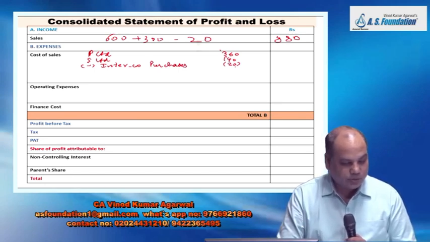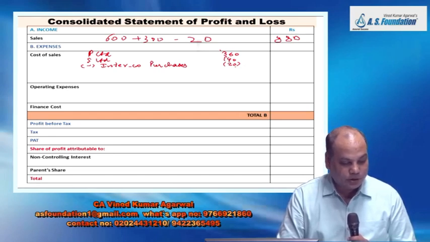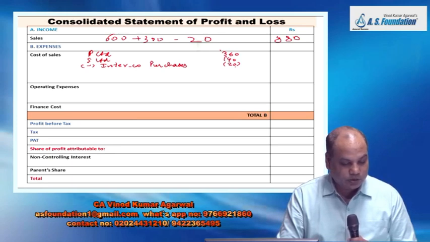And there is one more adjustment here. As we discussed, point number 1 in your question, during the year S Limited sold goods to P for rupees 20,000, making a markup of 1/3. So assuming 1/3 of cost, only 20% of these goods were sold before the end of the year.